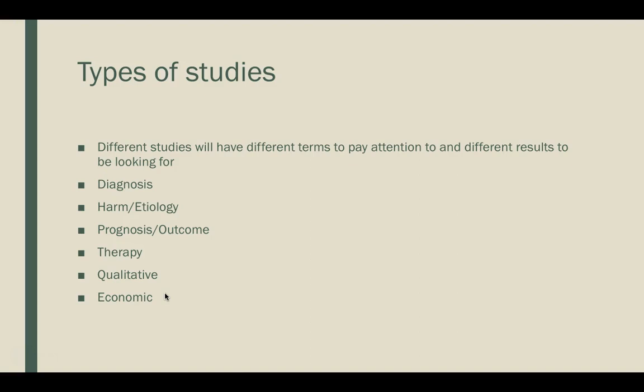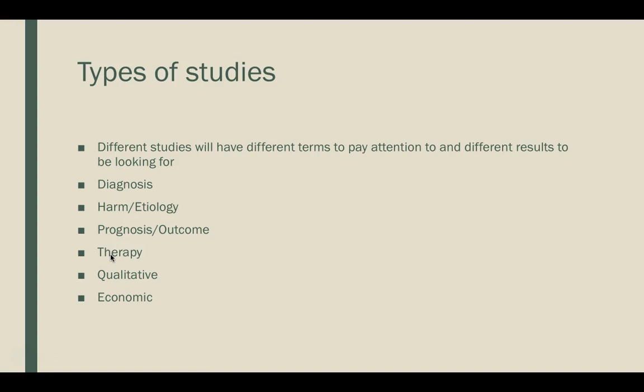So again, just also understanding that different types of studies, so going back to your clinical question, are going to have very different types of stat terms in it that you need to pay attention to. So like I said, we're going to be focusing on therapy. Things with therapy might be numbers needed to treat. So if we're going to intervene, say we're going to do preventative ACL treatments, right?